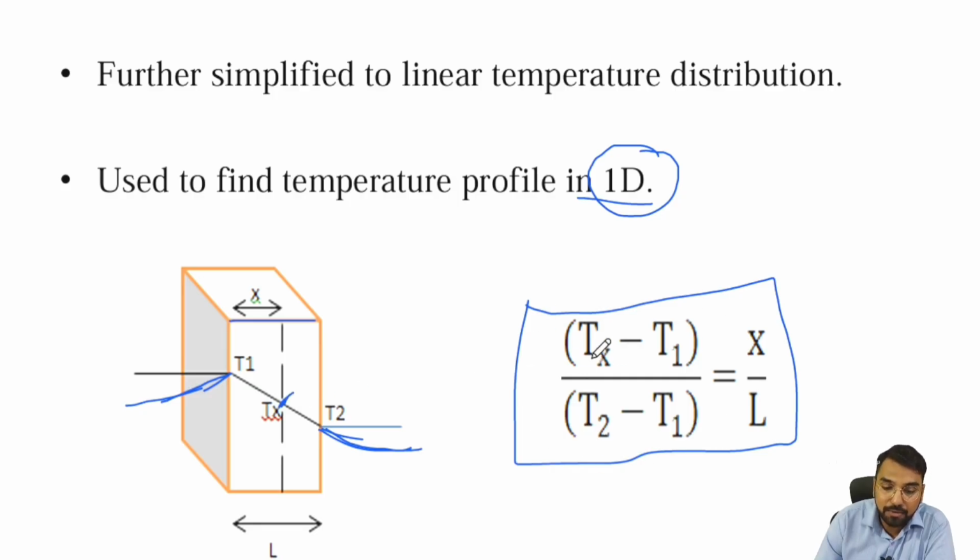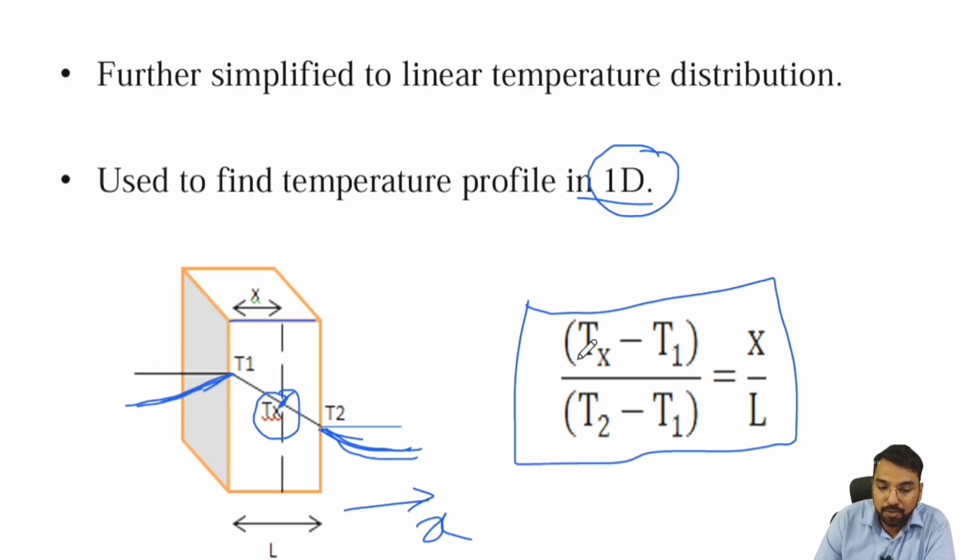So see this equation, Tx is the temperature where we have to find the temperature at a certain distance x, only in one dimension. Here we are considering only the x direction. So T1 is a boundary temperature at one side, let's say the hotter side, and T2 is a boundary temperature at the colder side.